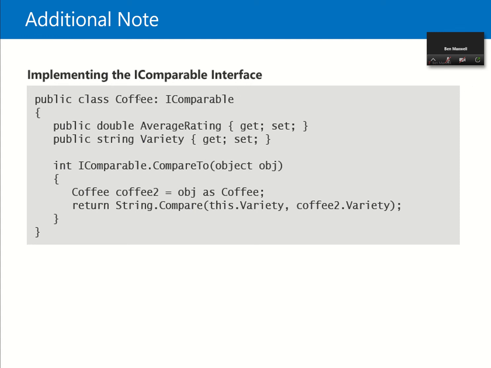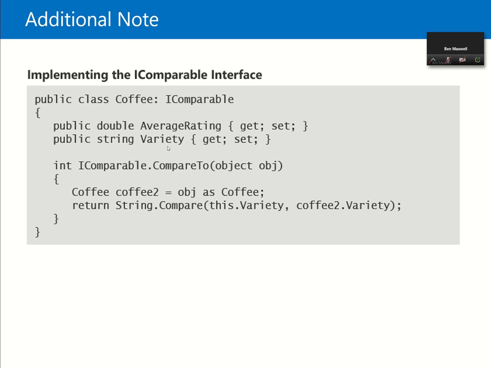So later, when the class is being used in the code, it will have whatever the instance name, let's say coffee.Variety will have a value. So you can read and you can write the variety string value.